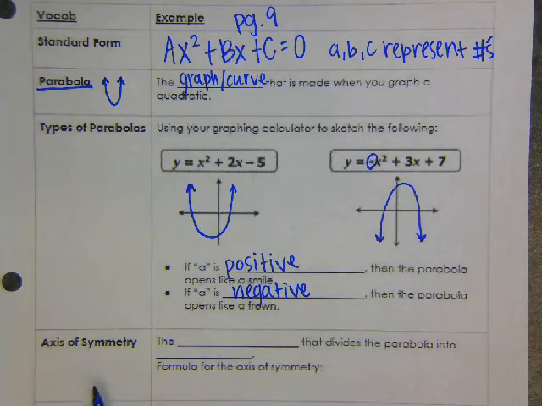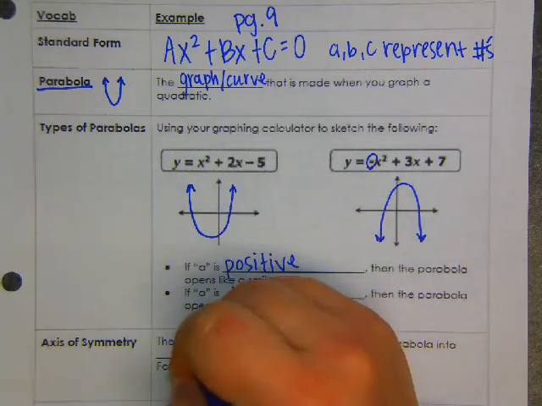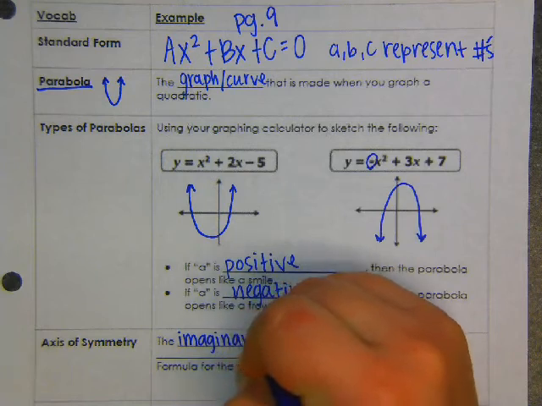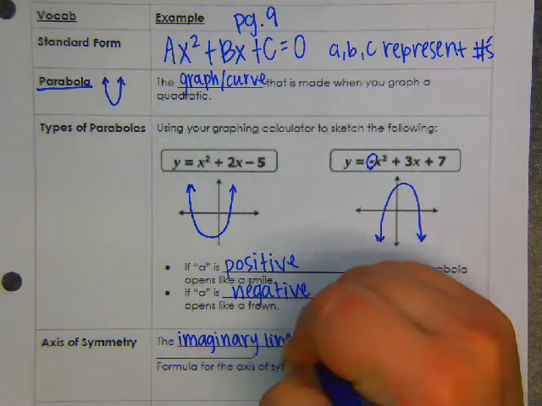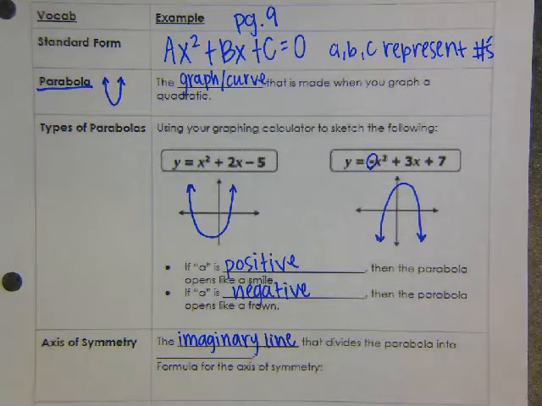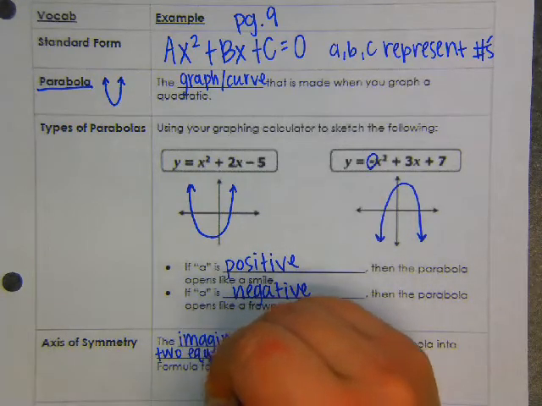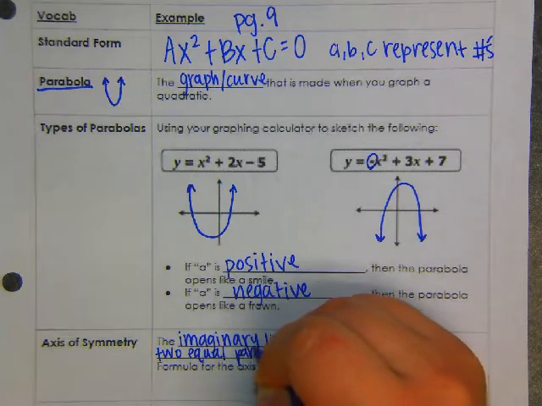Next we have what's called the axis of symmetry. So the axis of symmetry is the imaginary line, because it's not really there, but we could draw it on our graph. So it's the imaginary line that divides the parabola into two equal parts.